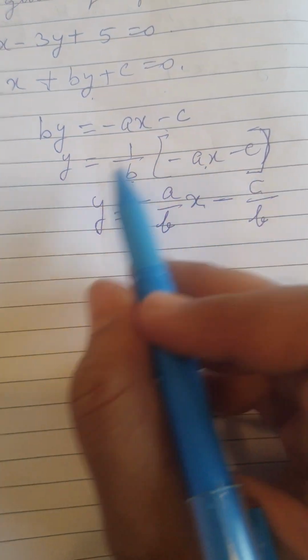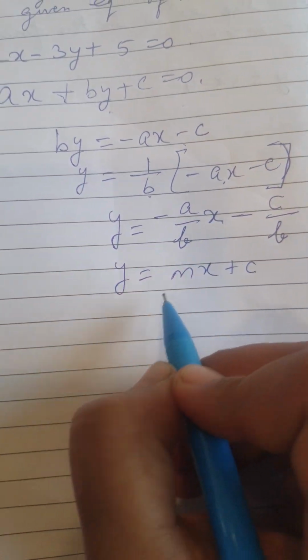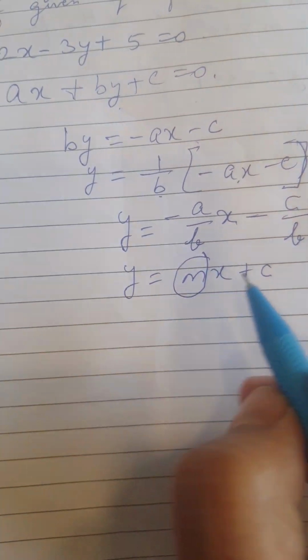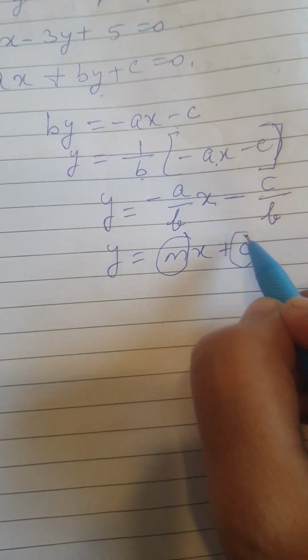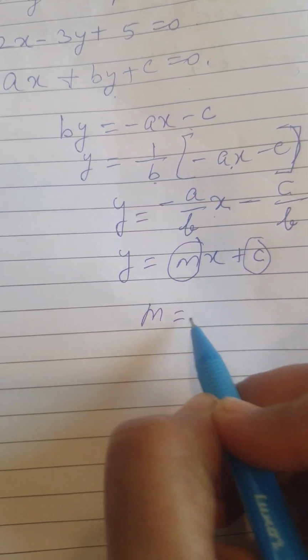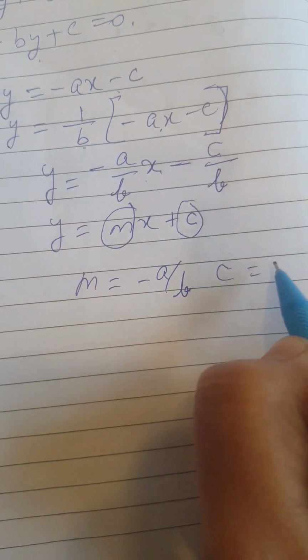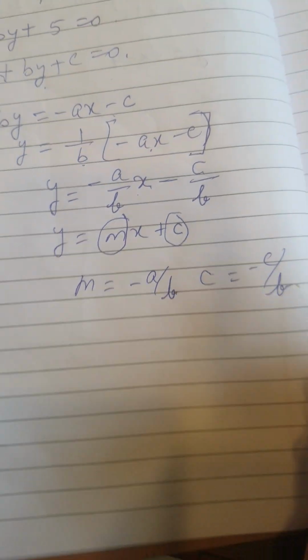If you compare this equation with y equal to mx plus c, you will get the coefficient of x as m and the intercept value as c. So the coefficient of x for this question would be -a/b and your intercept would be -c/b. This would be your answer.